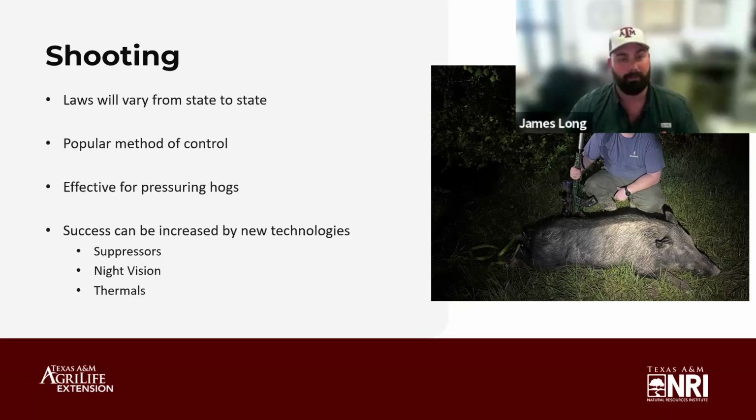I know it's a popular method for me. I enjoy doing it. But we have tons of research showing that hunting in general doesn't really create a population control method. You're not shooting enough pigs in the general hunting setting in order to create a population effect.